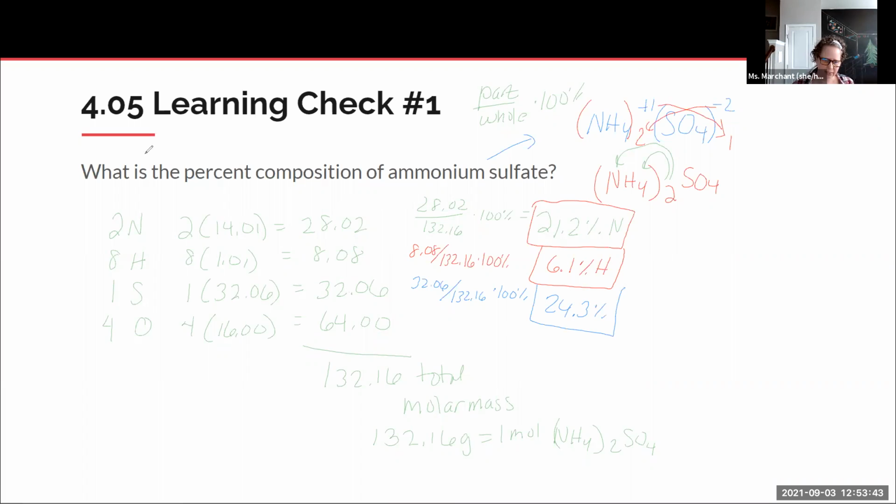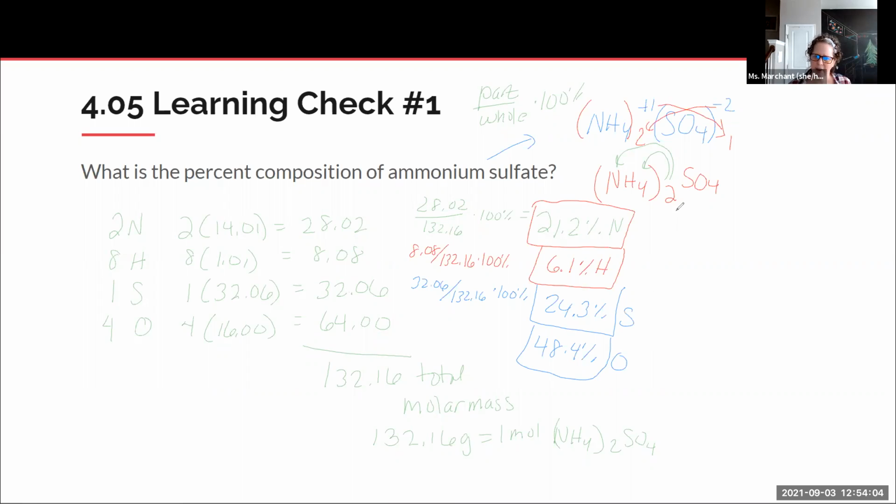And oxygen. So oxygen, I could do that same process, or I could just say 21.2 plus 6.1 plus 24.3 is 51.6. So the remaining 48.4% has to be oxygen.